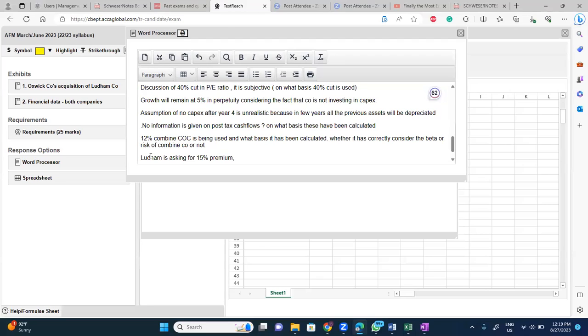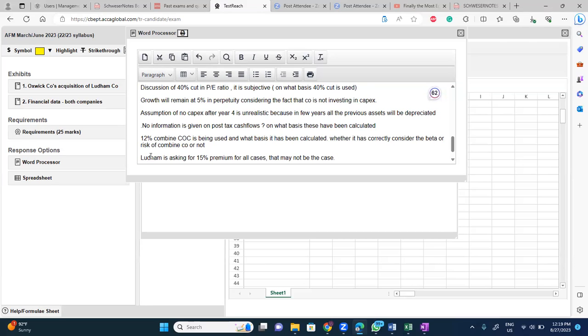If the acquirer is a big company, if the economy is prospering, Ludum will definitely require more return. If the economic situation is better, if the acquirer is better, definitely the target company shareholders will demand more.